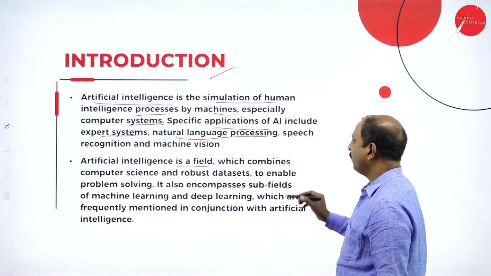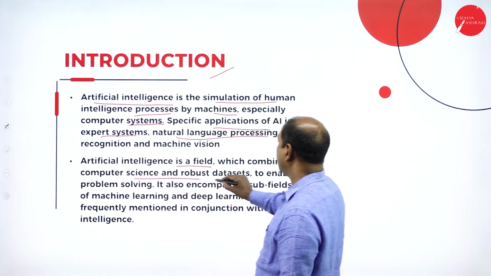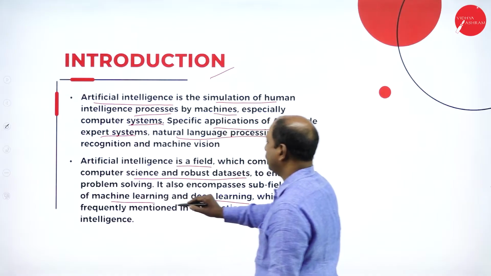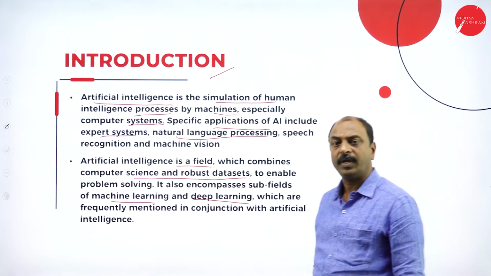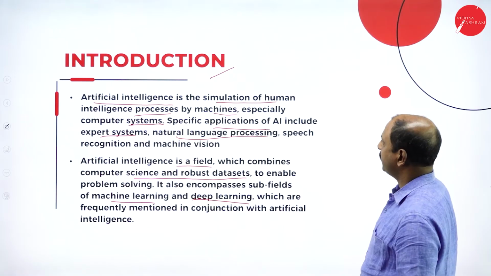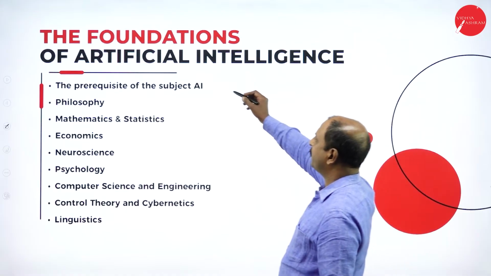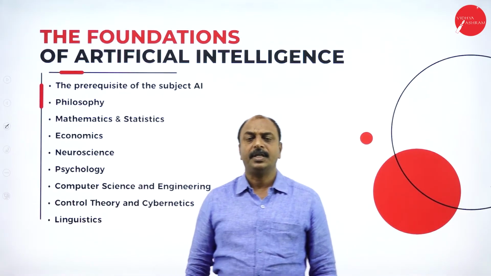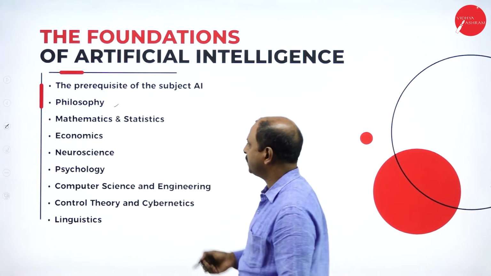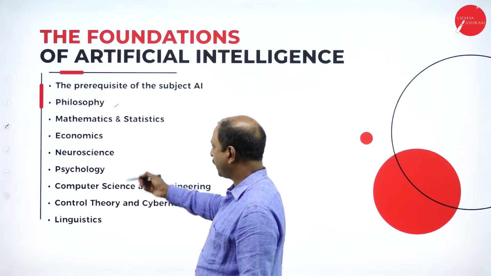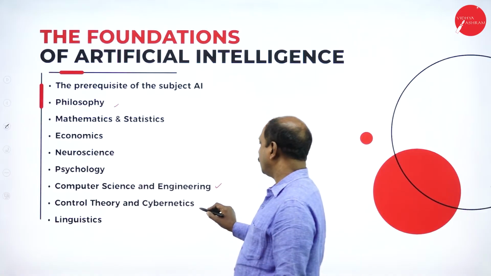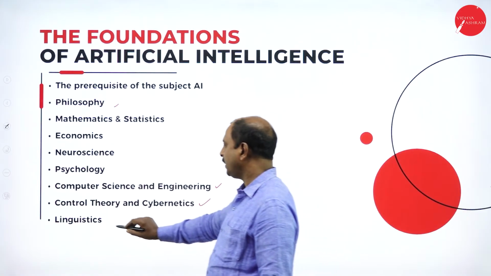AI is a field which combines computer science and robust data sets and deep learning and machine learning. See, these are the different fields involved in AI. So AI is a combination of different fields. Now in the next slide, we will see what the different fields involved in developing AI are. Here: philosophy, mathematics and statistics, economics, neuroscience, psychology, computer science and engineering, control theory and cybernetics, and linguistics.